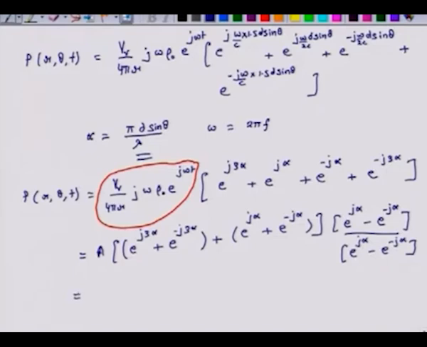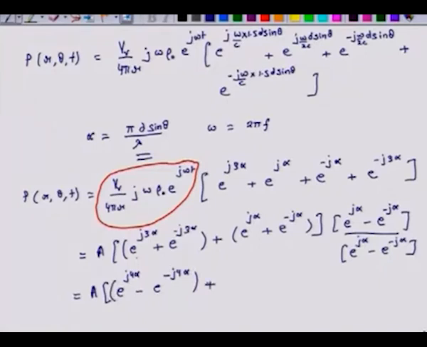Now, if I do the mathematics, outside of the parenthesis I have A, and then I multiply e^(j 3 alpha) with e^(j alpha) to get e^(j 4 alpha). I multiply e^(minus j 3 alpha) times minus e^(minus j alpha), so I get minus e^(minus j 4 alpha). So, that is one set of terms.